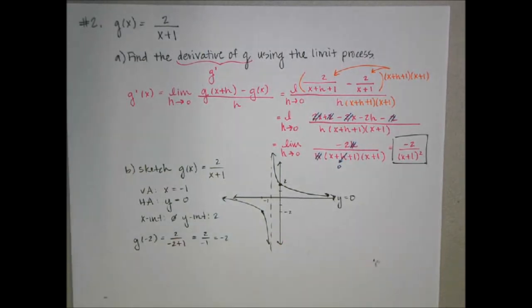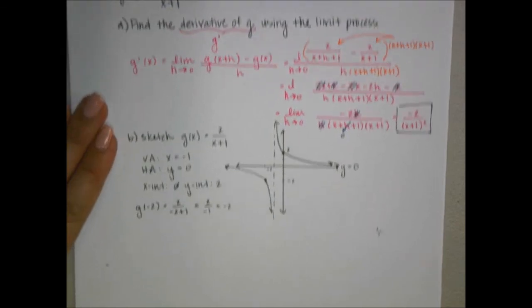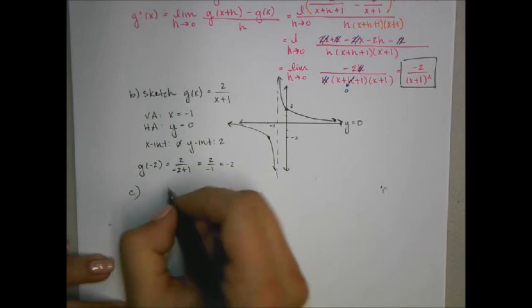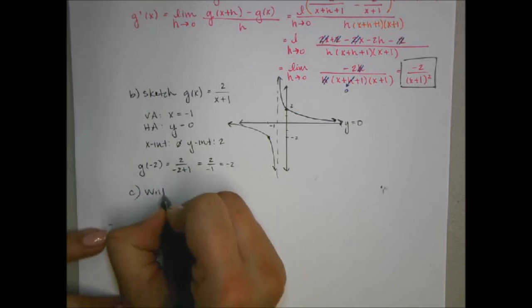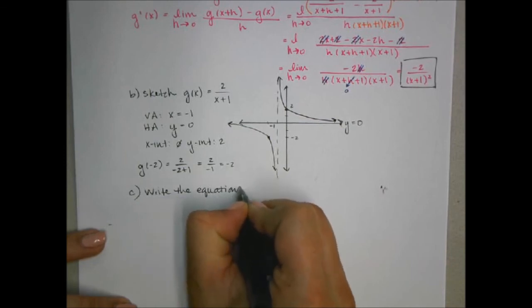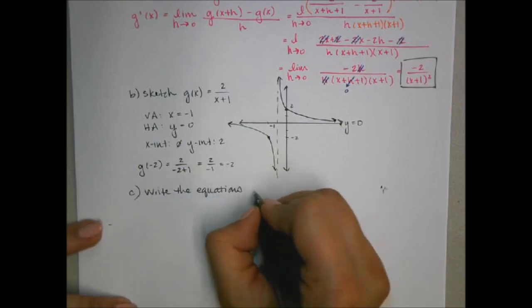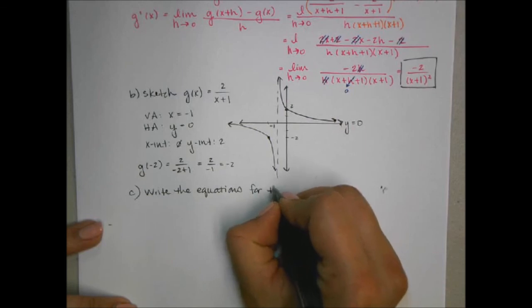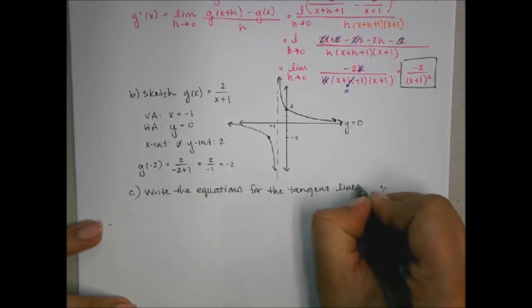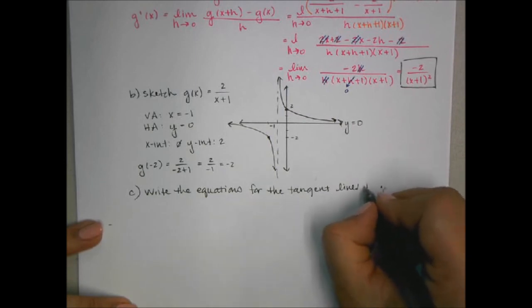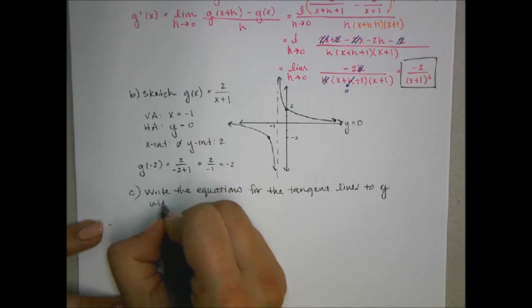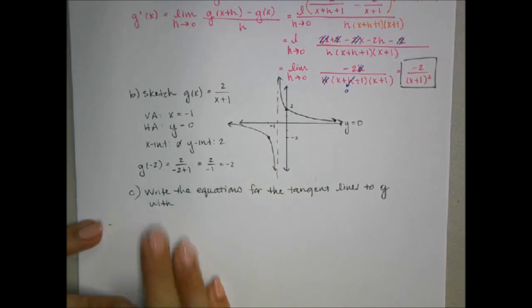Part C, one more thing here. Write the equations. There are 2 this time. For the tangent lines that have a slope of negative 2.